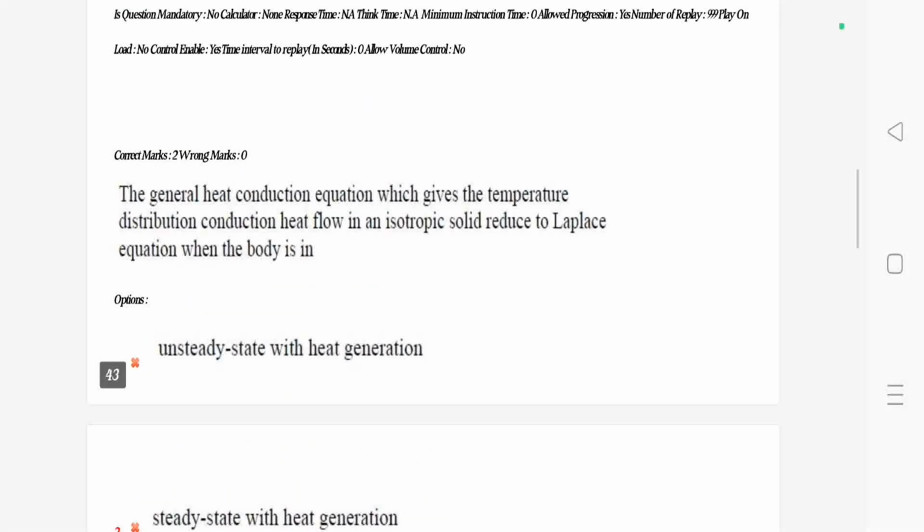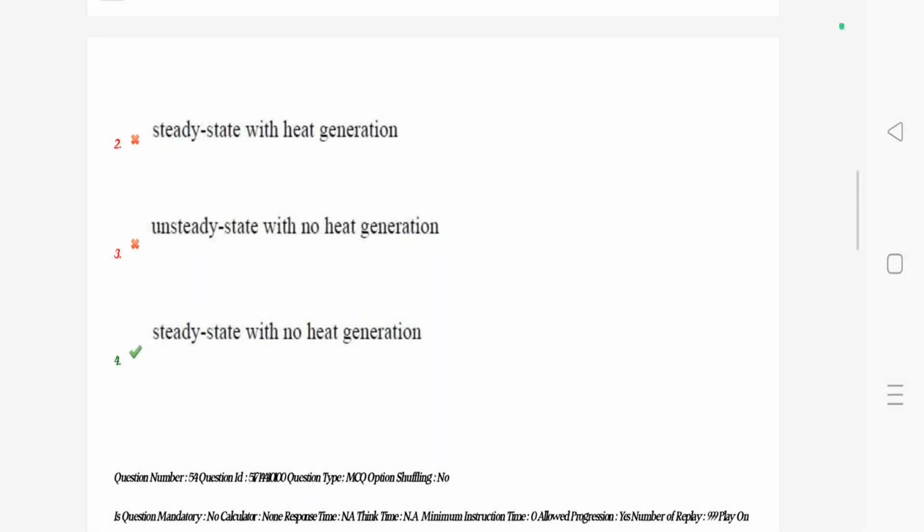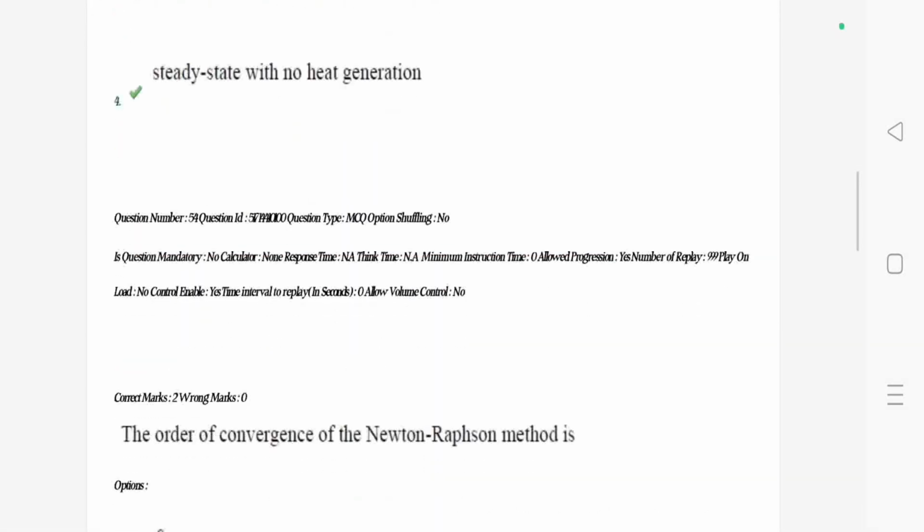He is asking about the general heat conduction equation, that particular equation which gives temperature distribution and conduction heat flow in isotropic solid, reducing to Laplace equation when the body is in steady state with no heat generation.